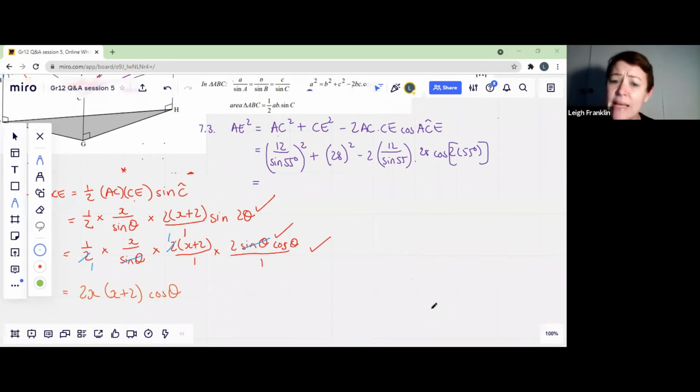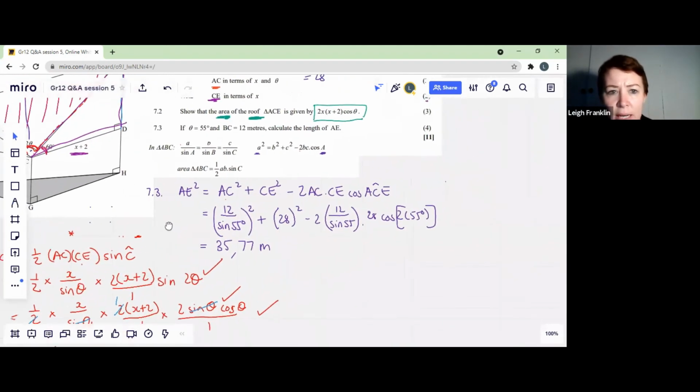Everybody else, is it making sense? You're getting the same answer as Karabo. Okay, so 35.77 meters in this case. Oh, good, Claire, I'm glad you got the same answer. Okay, Michaela, you said yes as well. Good. I'm glad to hear that.